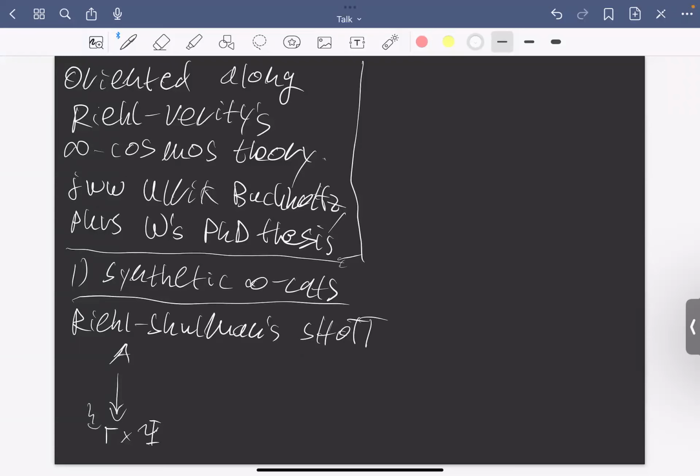I'll get to that in a minute. Just to record, Gamma is the usual type context, and Psi denotes the shape context.